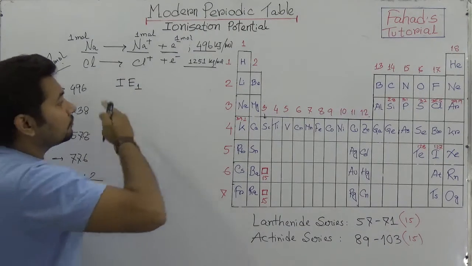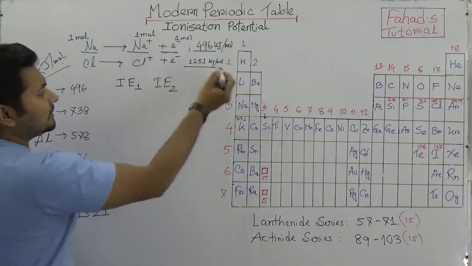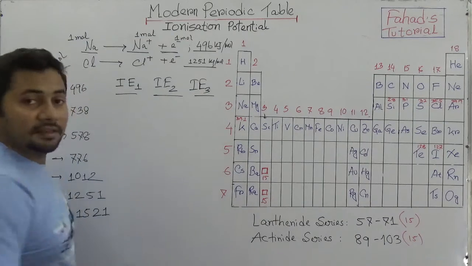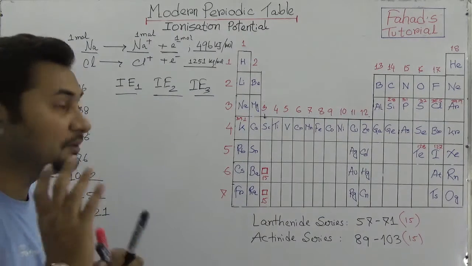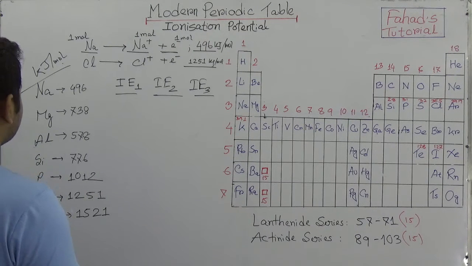If you remove more electrons, then there will be ionization energy 2, and then ionization energy 3. And it also varies. How? Let's see.